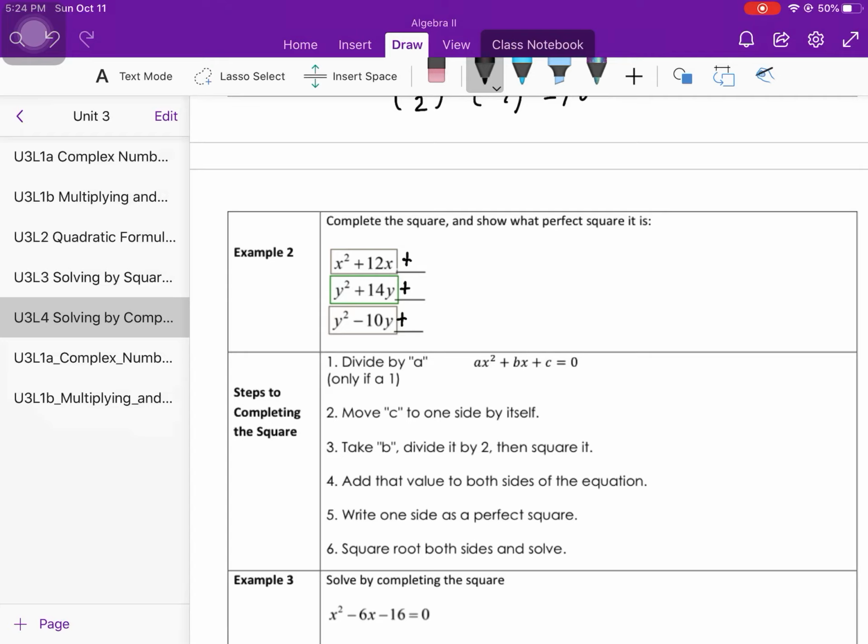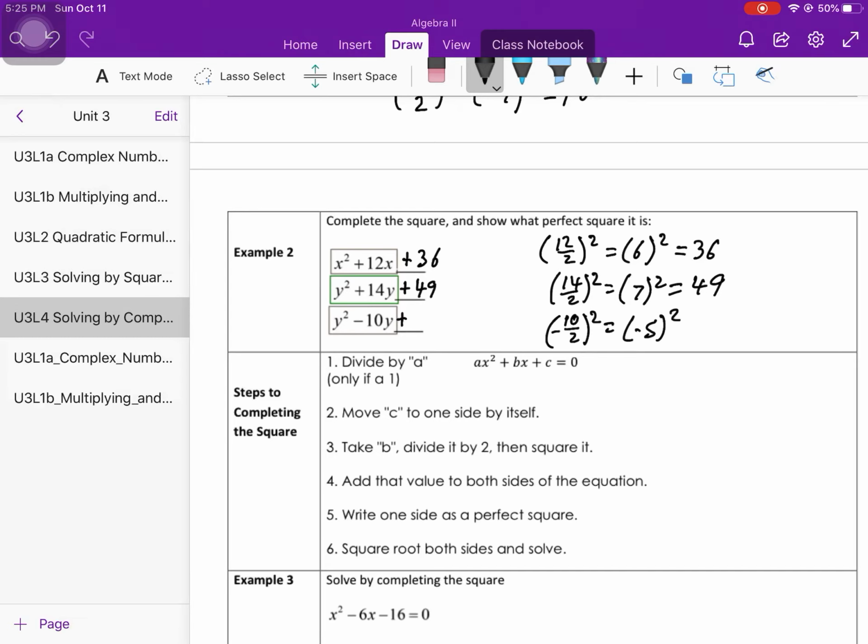So 1/2 of 12 would be 6, and 12 divided by 2 would give us 6. 6 squared would give us 36, so it's plus 36. 1/2 of 14 would be 7, and 7 squared is 49. And then 1/2 of negative 10 would be negative 5. Square that, we get 25.